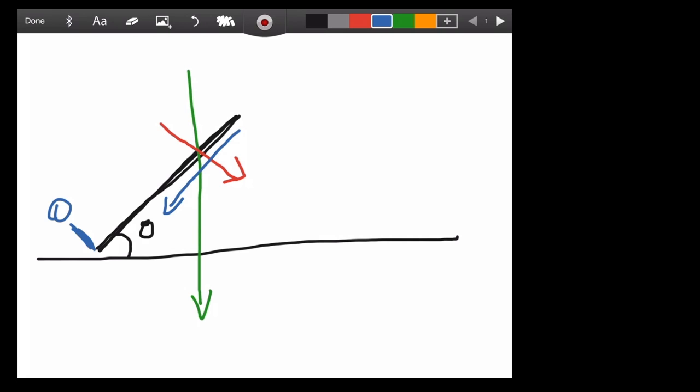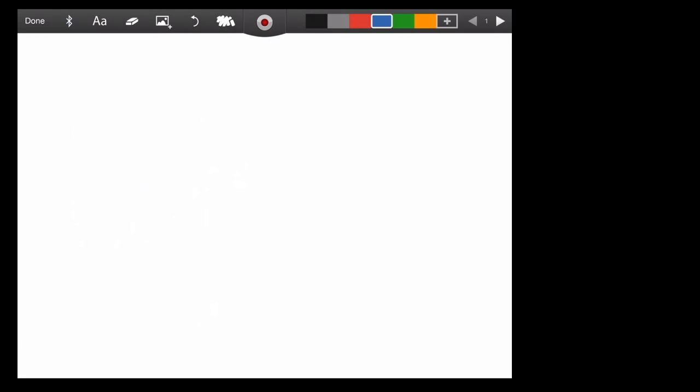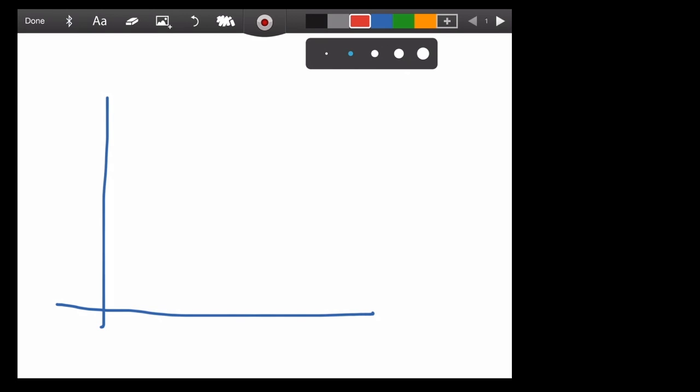So how's this work? Now, if we make a graph, we have the x-axis out here and the z-axis here.